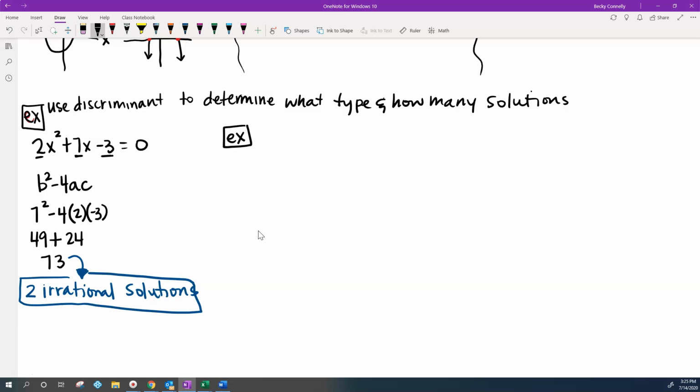Let's do x squared plus 5x plus 8 equals 0, and another one, 9x squared minus 12x plus 4 equals 0. Go ahead and use the discriminant on those two and see what type and how many solutions we'll end up with.